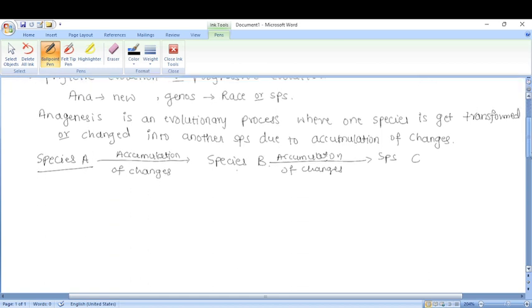In anagenesis, there is no increase in the number of species. That is, it does not promote biological diversity.